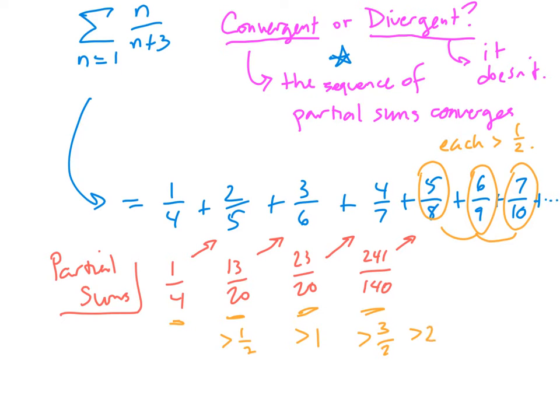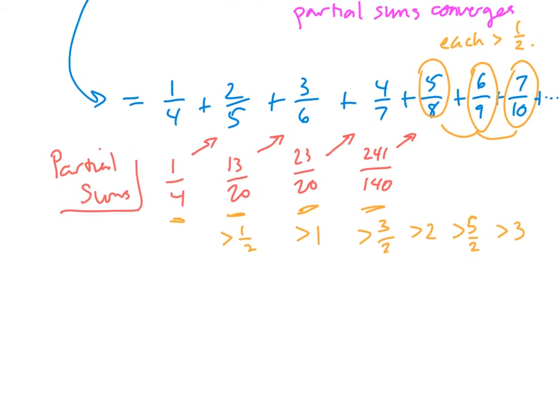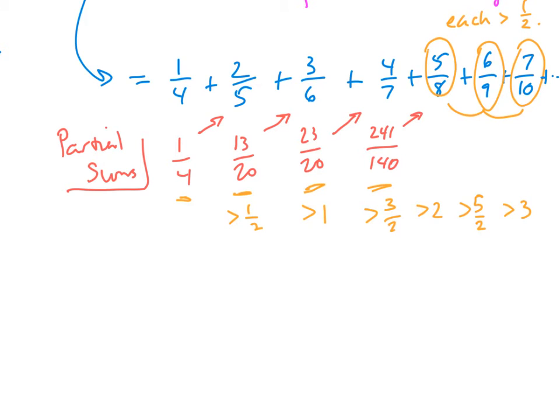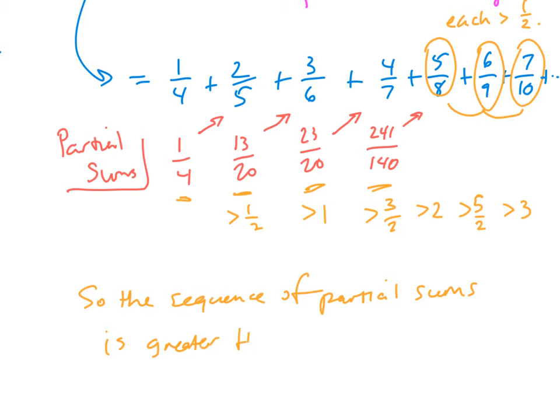So this will get me to something greater than 2, and then adding 6/9 will get me to something greater than 5/2, and adding 7/10 will get me to something greater than 3. So the sequence of partial sums is greater than the sequence 1/2 times n minus 1.